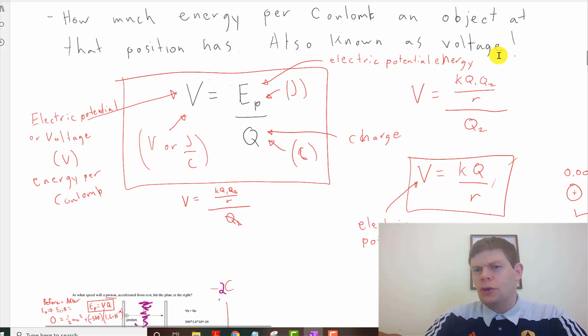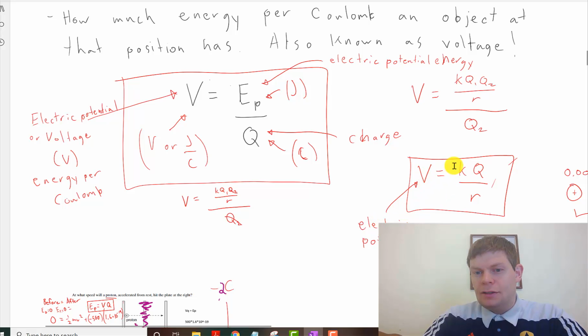Or rather, the charge in the field, not the one causing it. So this guy right here is another one of your formulas. Here are your two main ones. You got your electric potential equals your potential energy divided by the charge in the field.